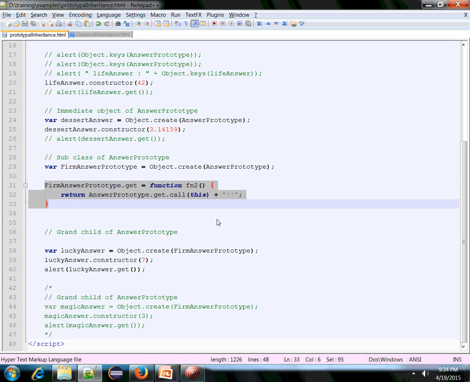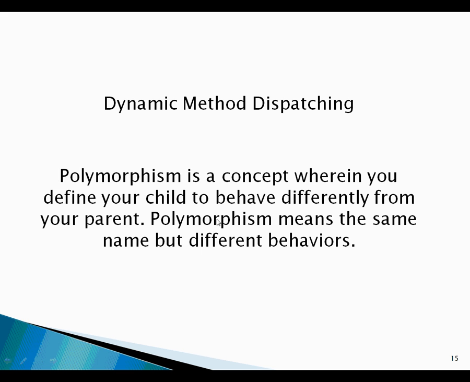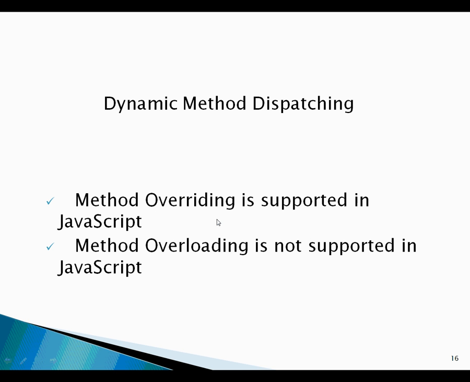So overriding is allowed in JavaScript, whereas overloading is not allowed in JavaScript. Why method overloading is not supported in JavaScript is, imagine you have a method defined at the super object level, and the same method at the subclass level with a different set of parameters.